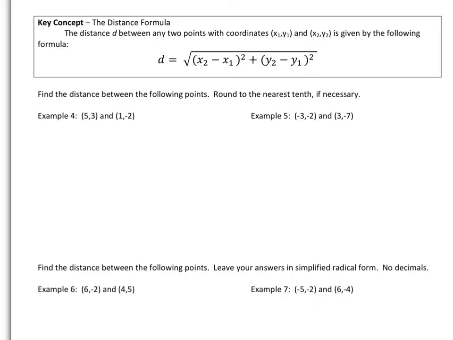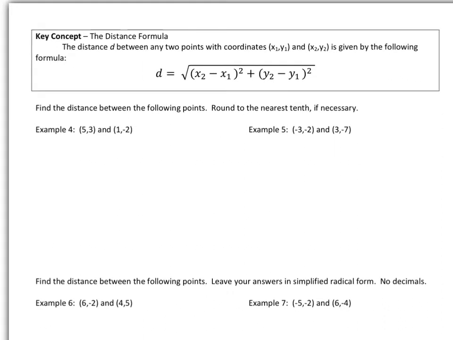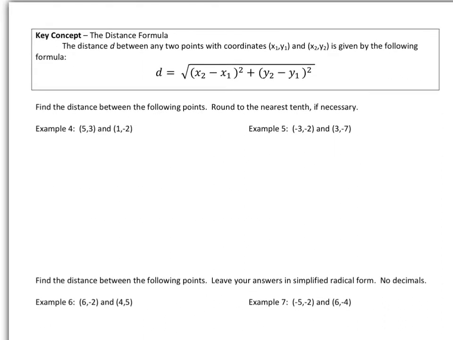Now this is a modification of the Pythagorean theorem, because what we're doing is, for this first example, if I plot the 2 points, here is the coordinate 5, 3, and the coordinate 1, negative 2 would be down here. You are trying to find the distance between each point.